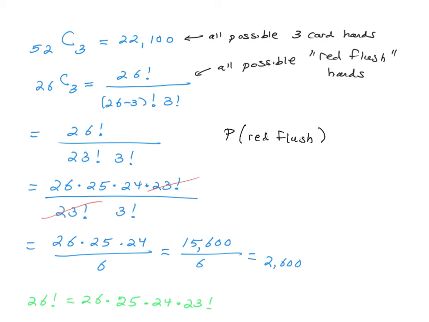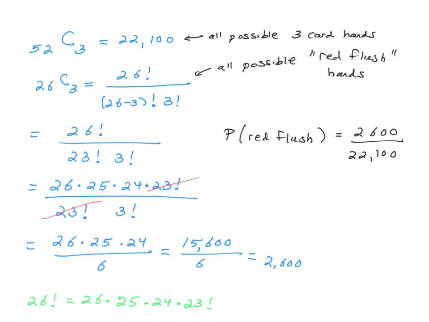The probability that this happens is the number of ways a red flush can happen, that's 2,600, divided by the total number of hands in the entire sample space, which is 22,100. Here it is. This is the probability. It's just not written in a nice way. I'm going to try dividing this in my calculator. So 2,600 divided by 22,100.